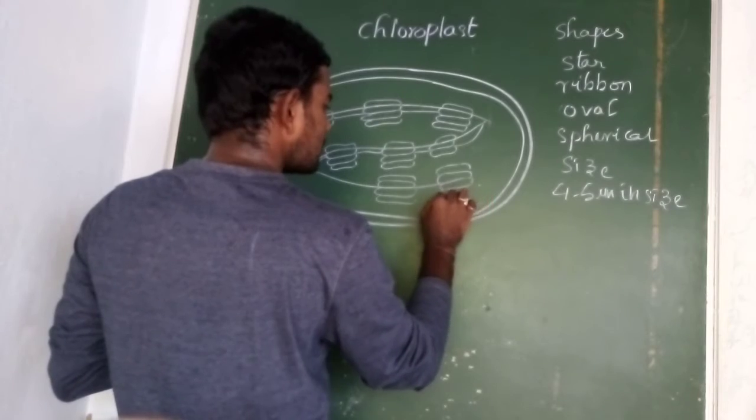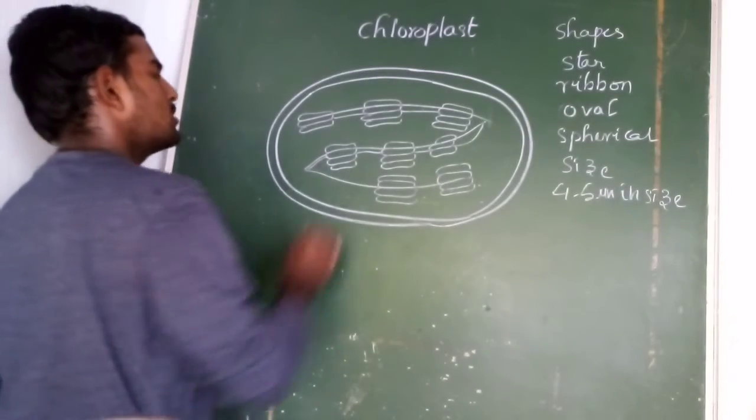The fluid portion of the chloroplast is called stroma.